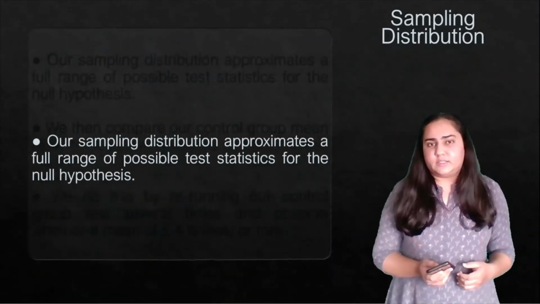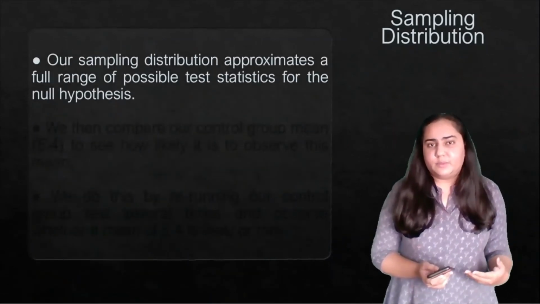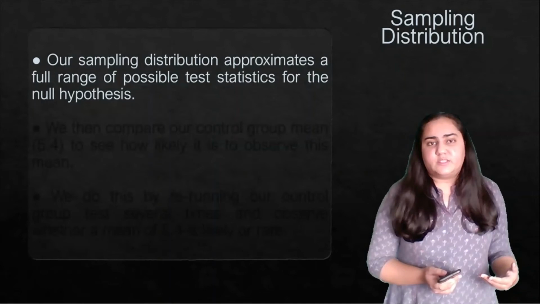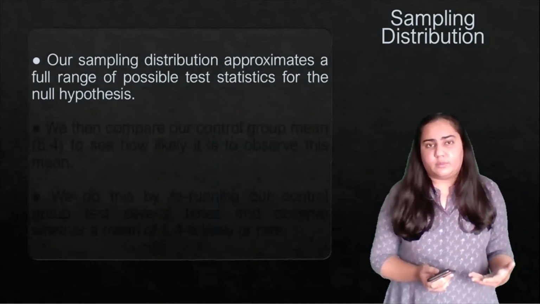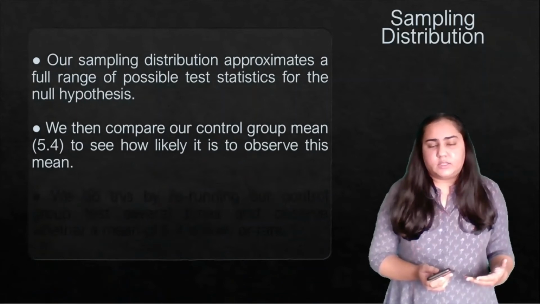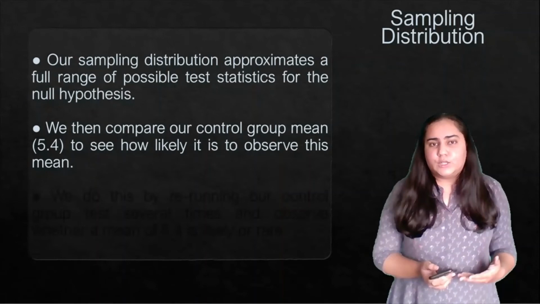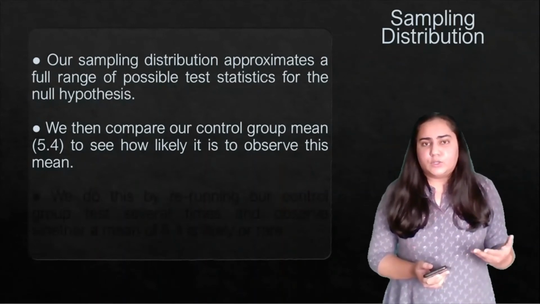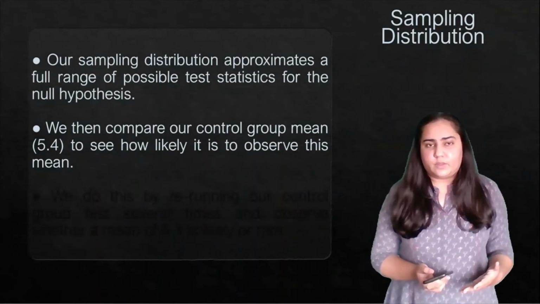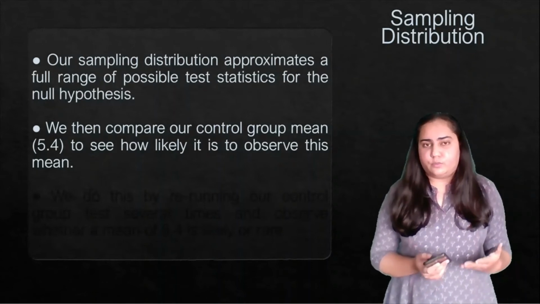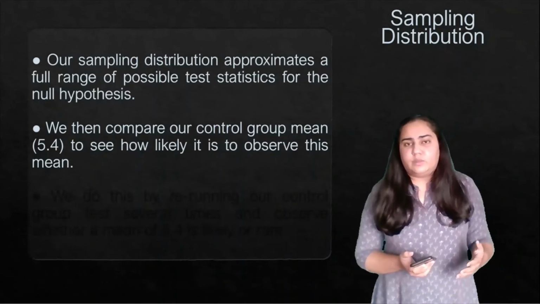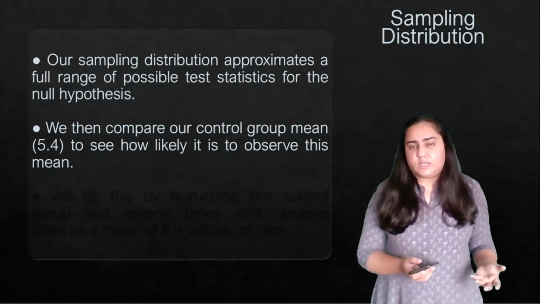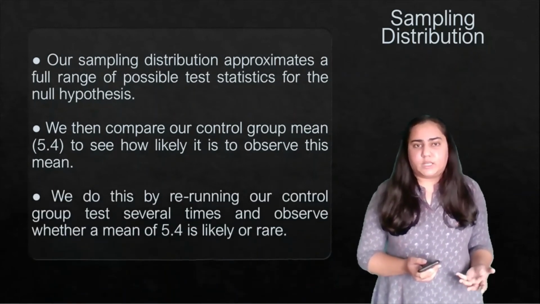So what exactly is sampling distribution? Our sampling distribution approximates a full range of possible test statistics for the null hypothesis. And then we can compare our control group mean to see how likely it is to observe this mean. 5.4 was a control group mean, which means that was the average days people experienced symptoms without taking the real medication.